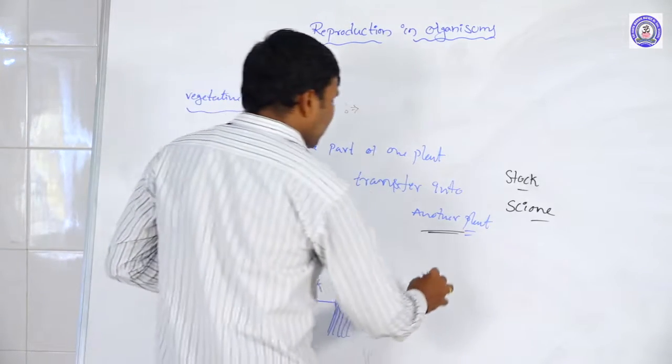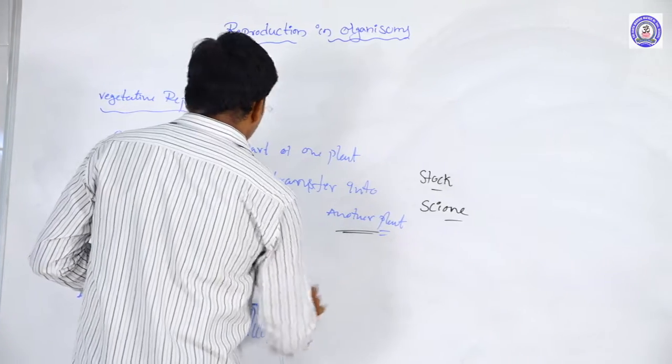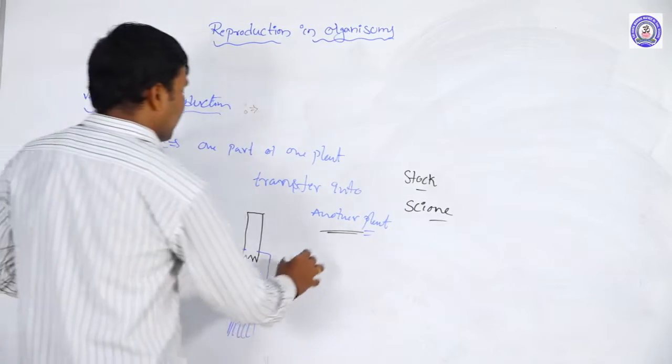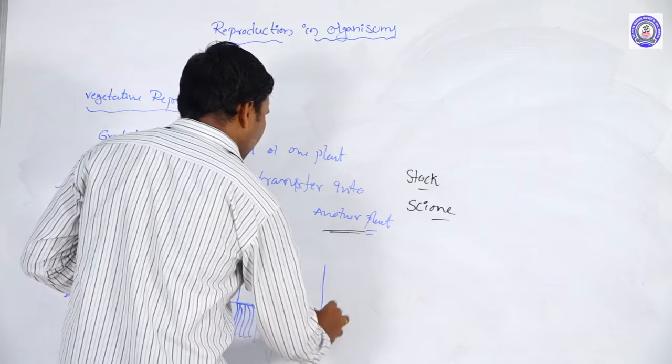Next is cleft grafting. In cleft grafting, a cleft is formed, meaning a V-shaped structure.